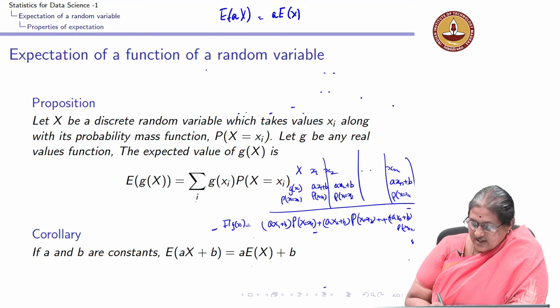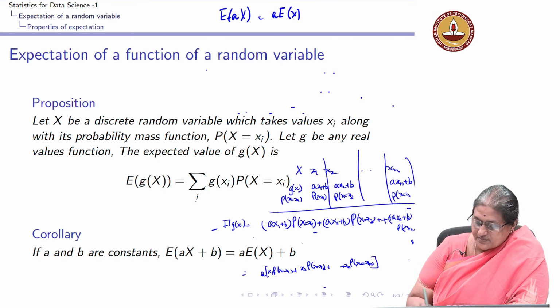Now, I can write this as a into x1 probability x equal to x1, plus x2 probability x equal to x2, plus xn probability x equal to xn, the first portion; and the second portion I can write as b into probability x equal to x1 plus probability x equal to x2 plus probability x equal to xn.